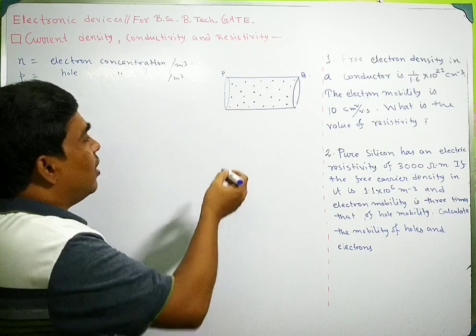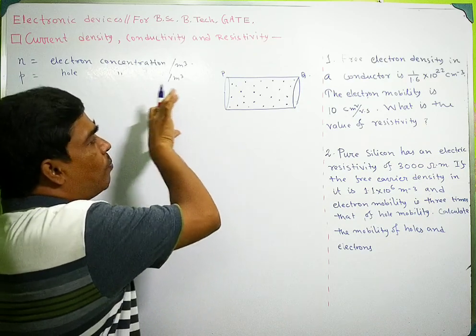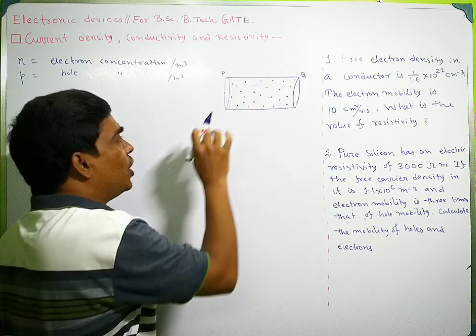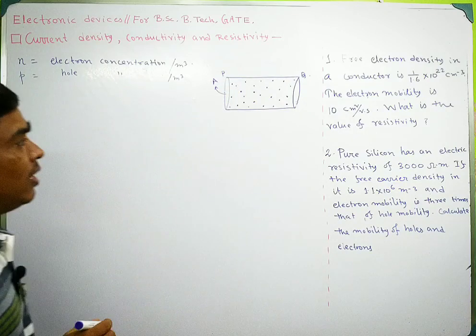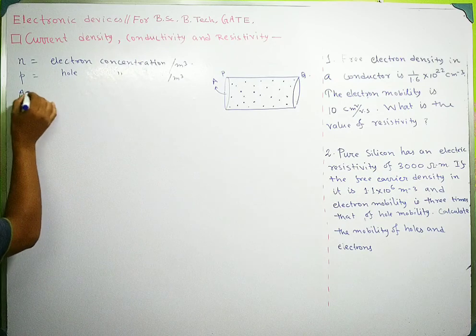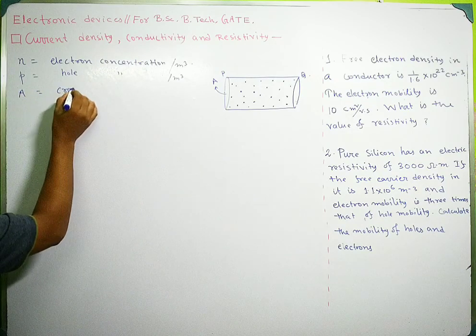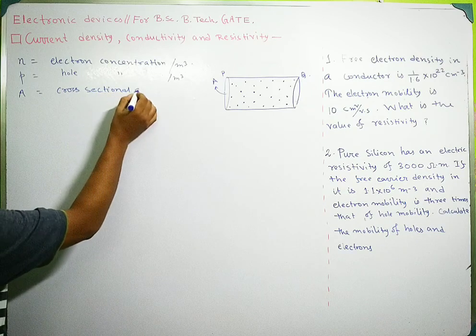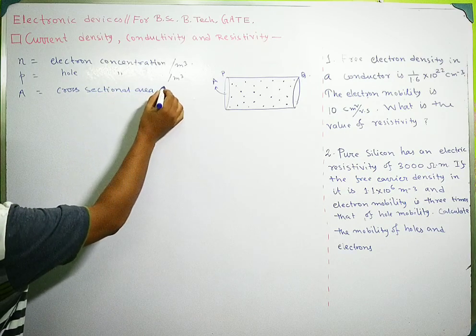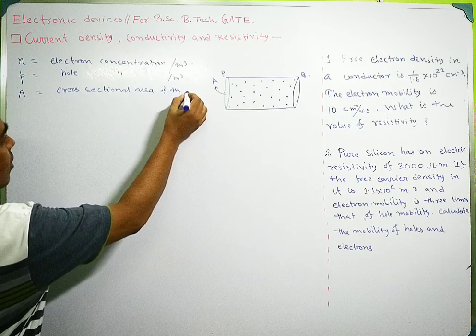and the charge will pass through this cross sectional area. Suppose this cross sectional area is A, so A is equal to the cross sectional area of the semiconductor.